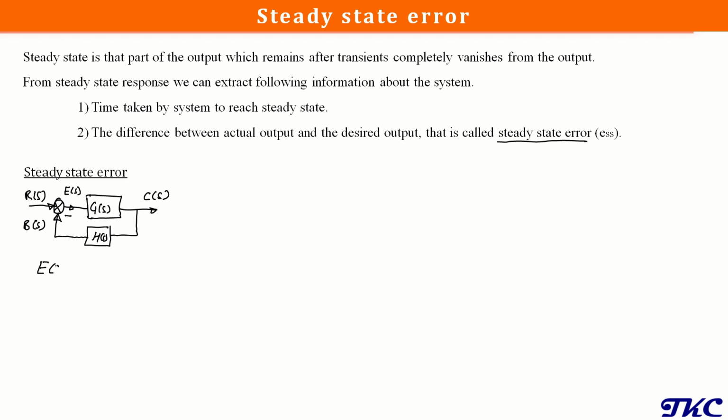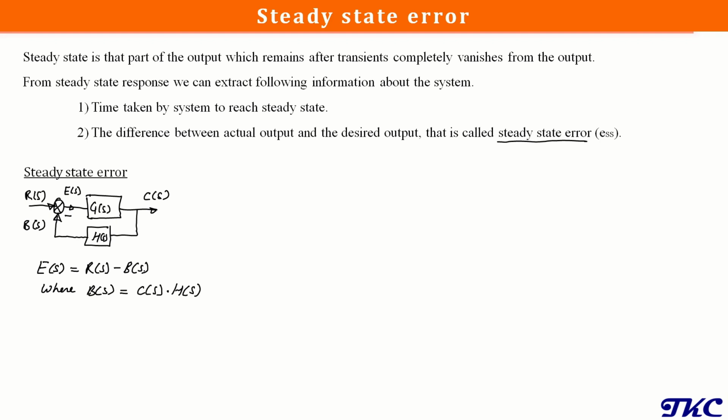We can write E(S) equal to R(S) minus B(S). We can write B(S) as C(S) into H(S), because this is the feedback signal that we have here in the form of B(S). So it will be the output into the transfer function of the feedback element.